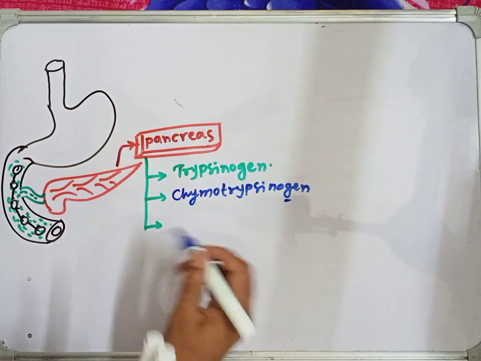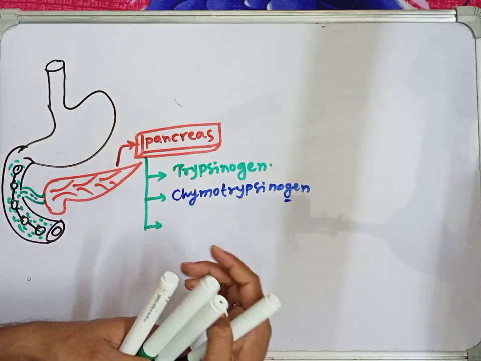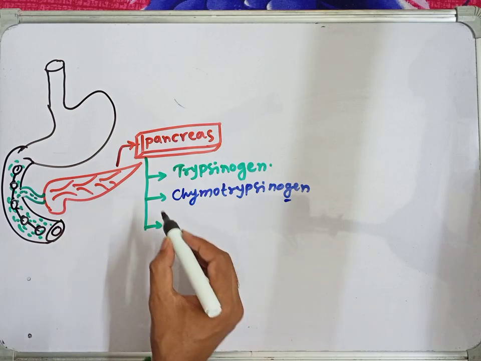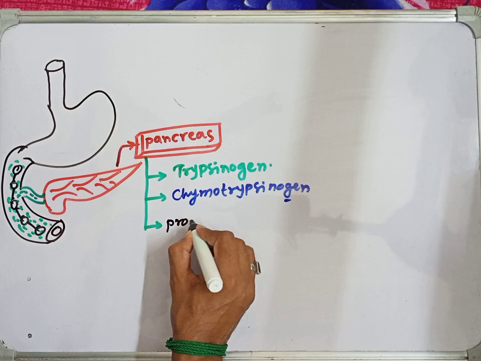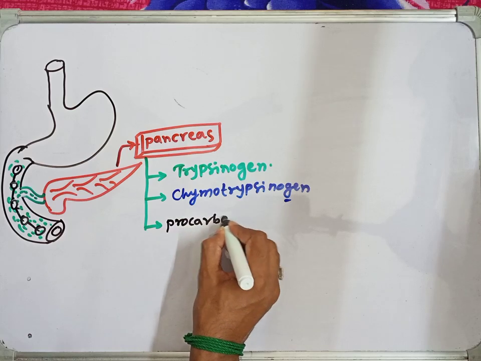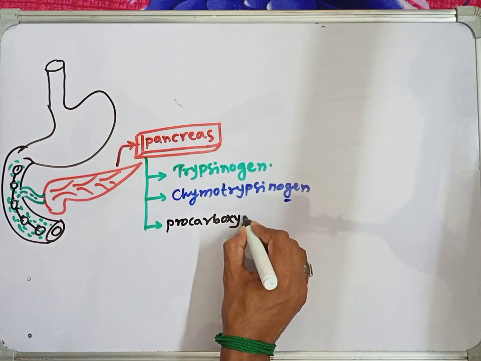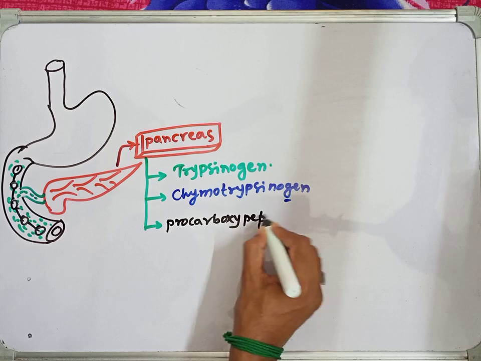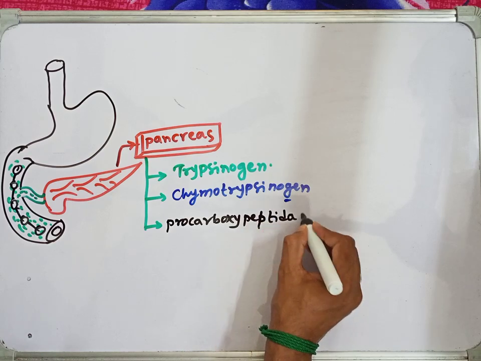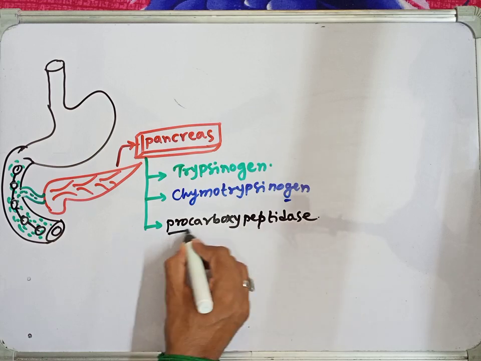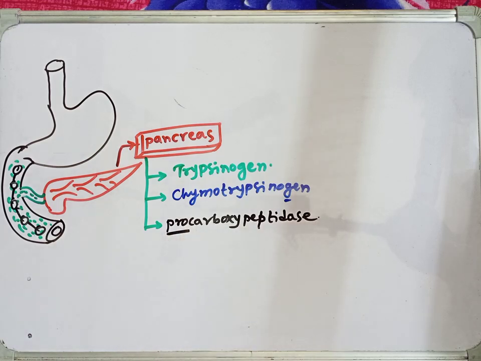And again another enzyme secreted by your beloved pancreas is procarboxypeptidase, right? Procarboxypeptidase, and "pro" also indicates an inactive protein.